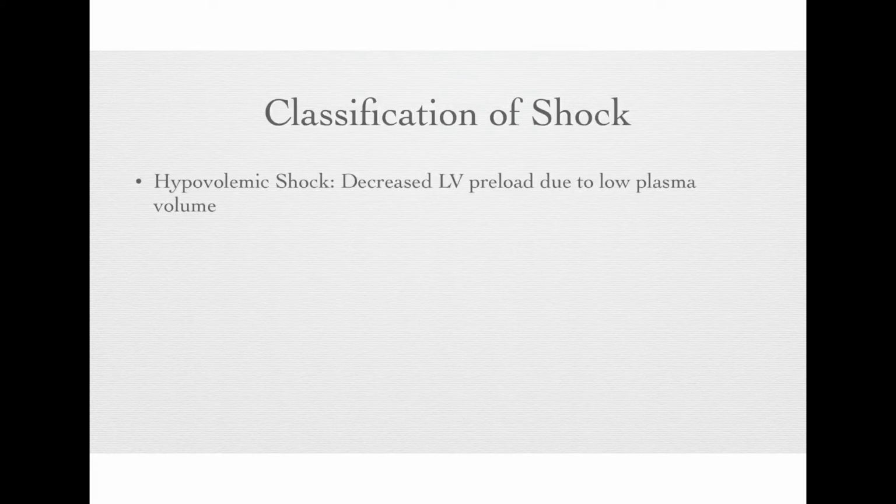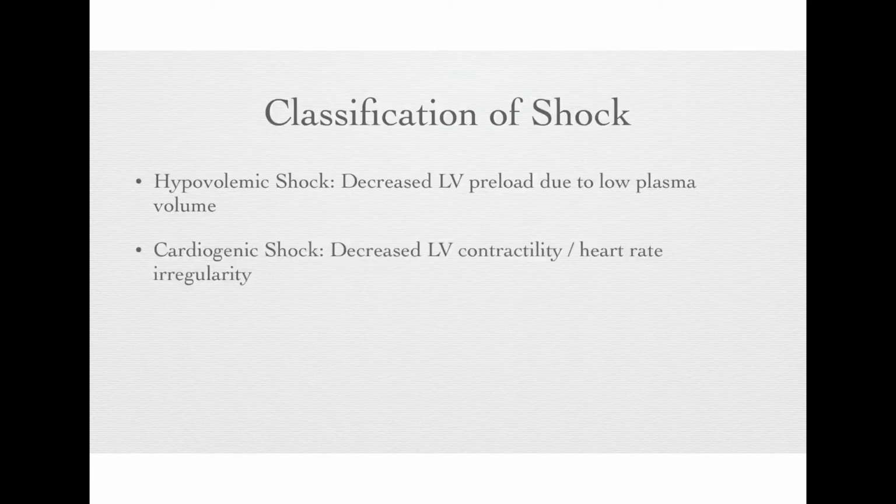Classically, there are 4 different types of shock that we describe. They are hypovolemic shock, which is characterized by decreased LV preload as a result of low circulating plasma volume. There's cardiogenic shock, where there's a decrease in the left ventricular contractility or heart rate, leading to decreased cardiac output.